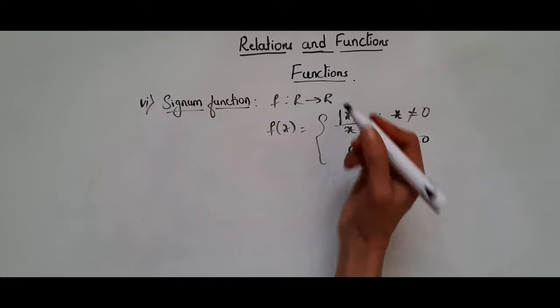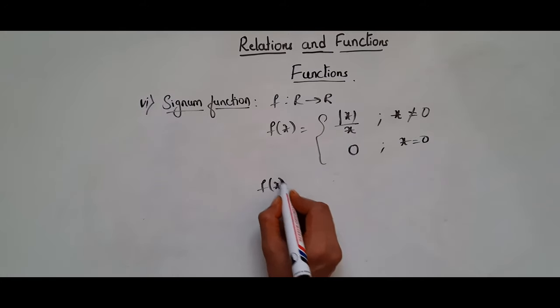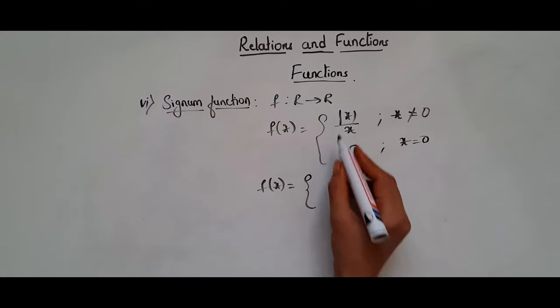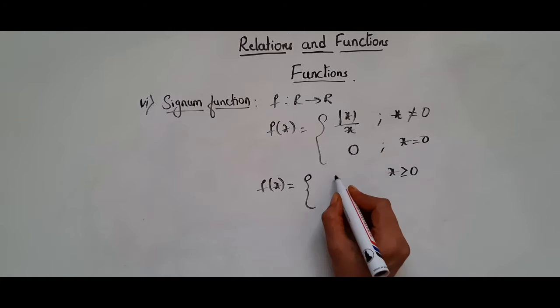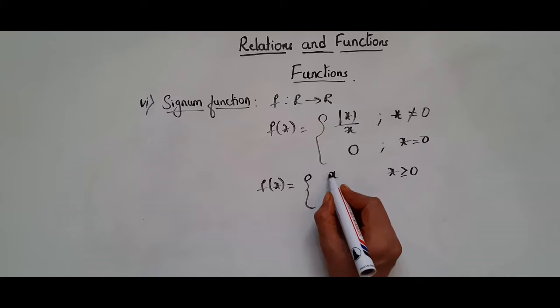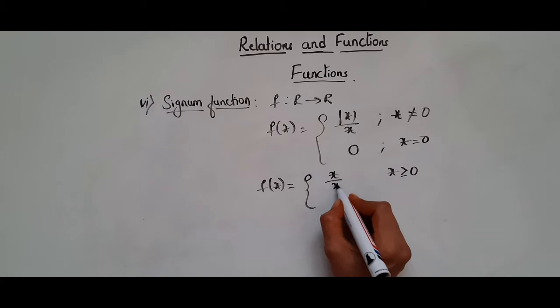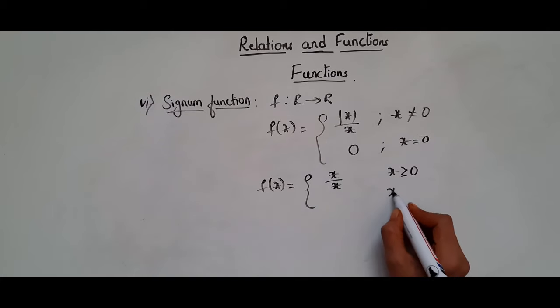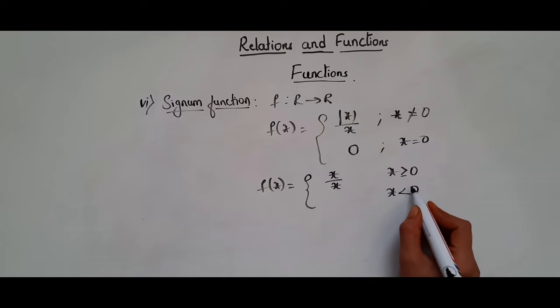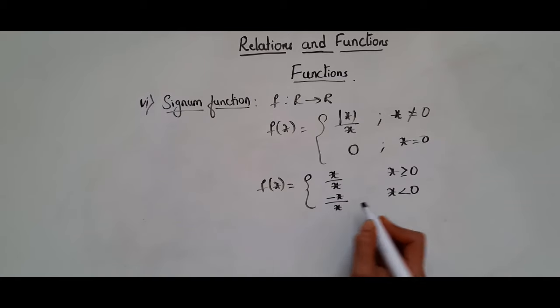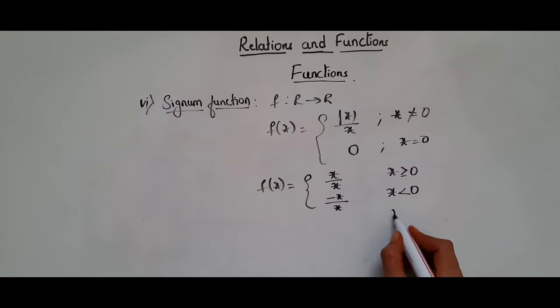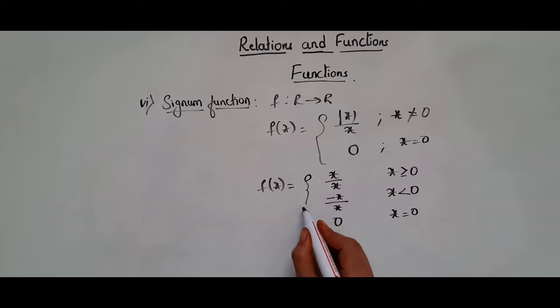Now let's break this mod. So we have f of x is equal to mod x by x, for x greater than 0, your mod x will give you x, so x by x. For x less than 0, your mod x will give you minus x, so minus x by x. And also for x equal to 0, the function will give you 0.